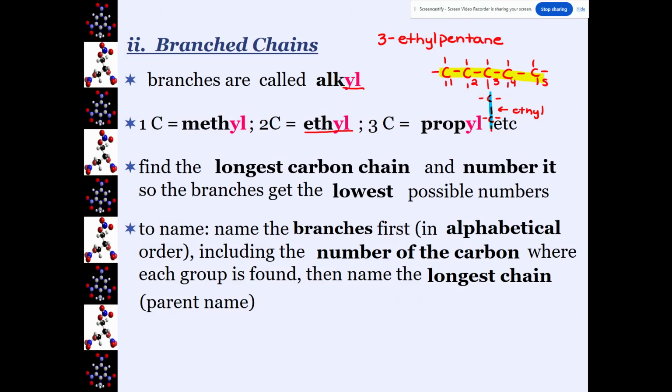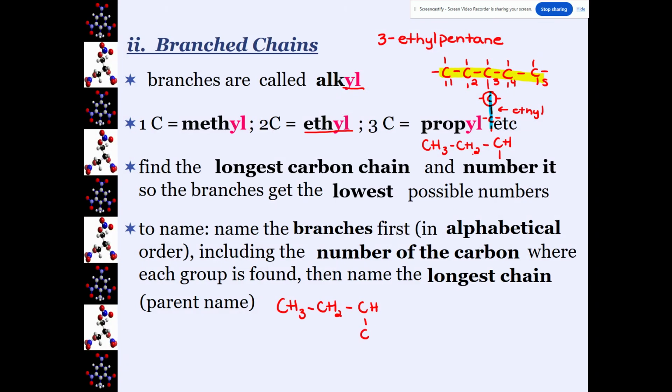If I were to condense this, I would have CH3 for carbon 1, CH2 for carbon 2. Carbon 3 has just 1 hydrogen, and it has that ethyl branch. Now, if I were to condense that ethyl branch, I'm actually going to draw this down here so I have more space. CH3, CH2. Now I could condense it into 1 carbon.